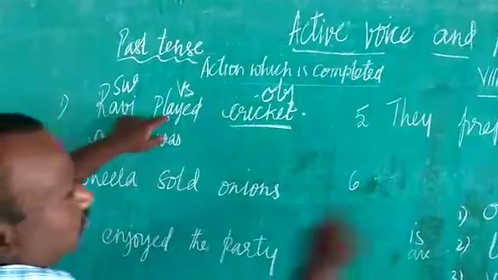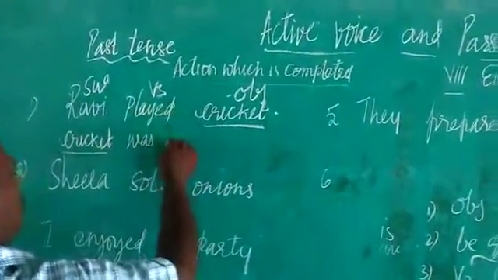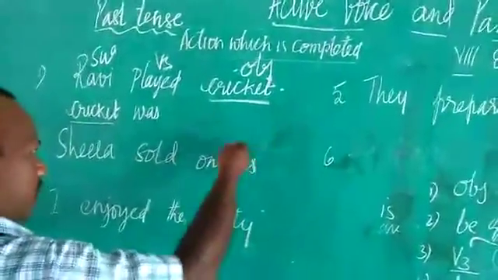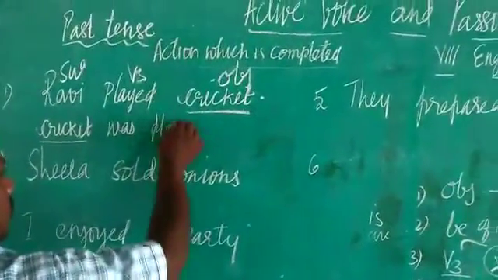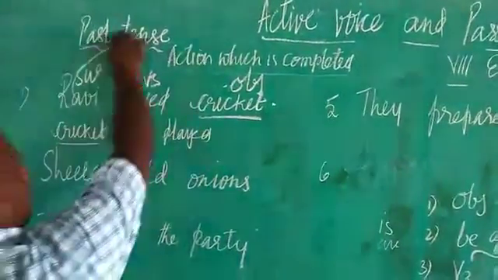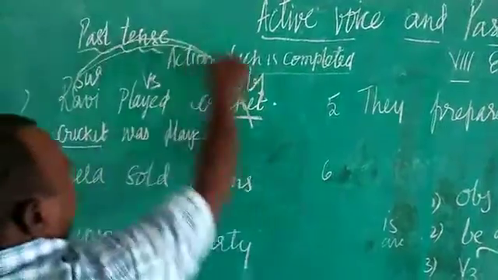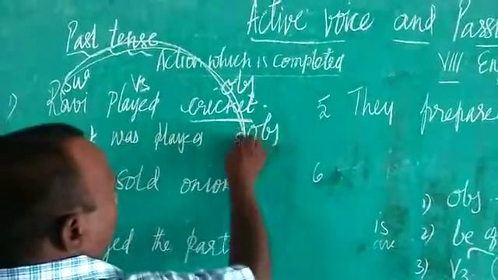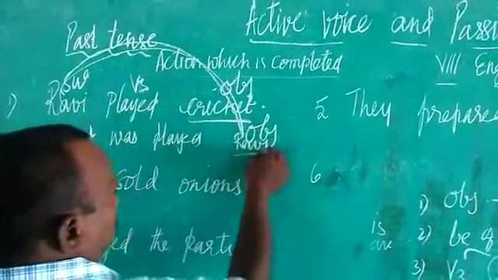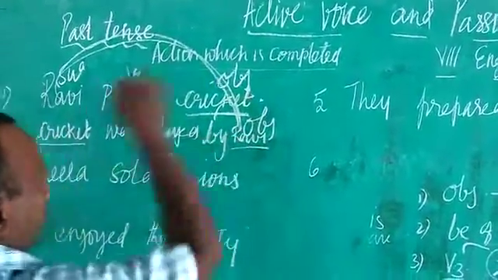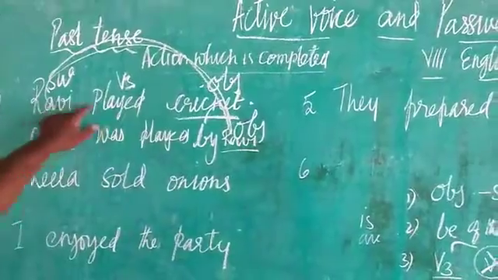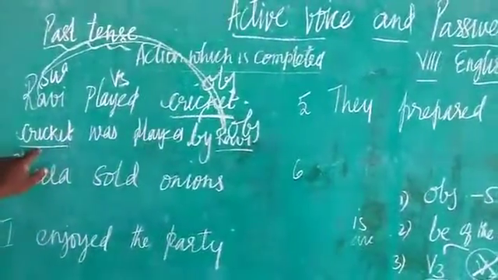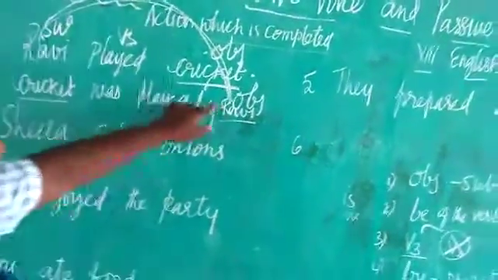Then the V3 form of play: play, played, played. Now the subject is becoming the object here, so we bring it here, Ravi. As I told you, before the object you have to take by. Active voice: Ravi played cricket. Passive voice: Cricket was played by Ravi.